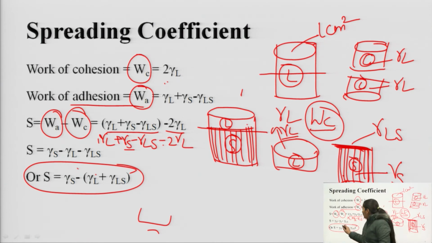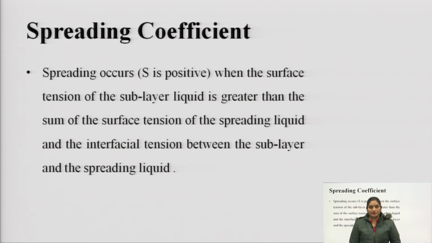So, spreading coefficient will be equal to gamma S minus (gamma L plus gamma LS). If the value of gamma S is greater, then the spreading coefficient will be positive and spreading will occur. If this value is less, then the spreading coefficient will be negative and spreading will not occur. Spreading occurs when S is positive, when the surface tension of the sublayer liquid is greater than the sum of the surface tension of the spreading liquid and the interfacial tension between the sublayer and the spreading liquid.